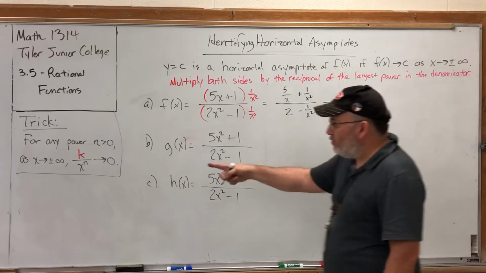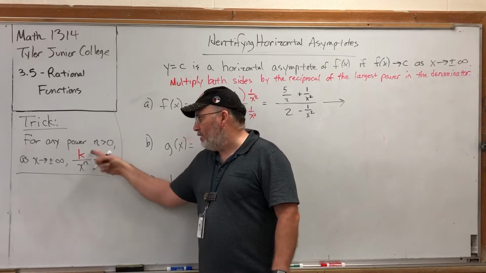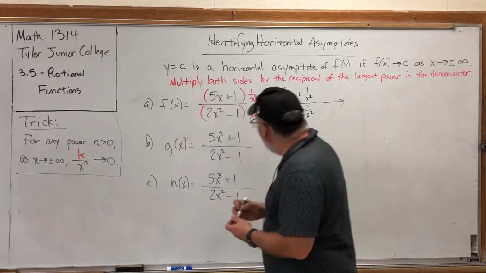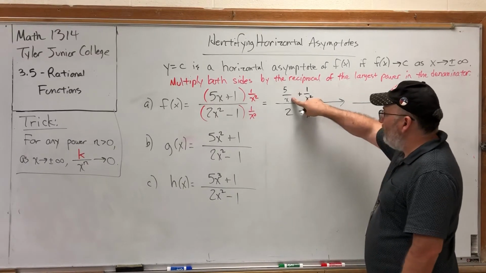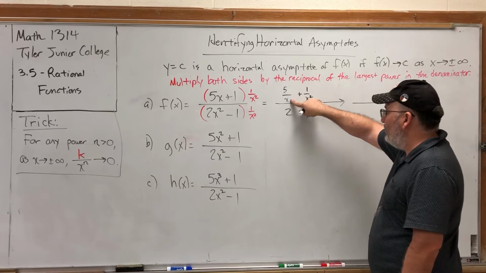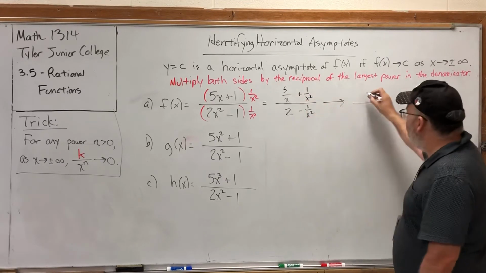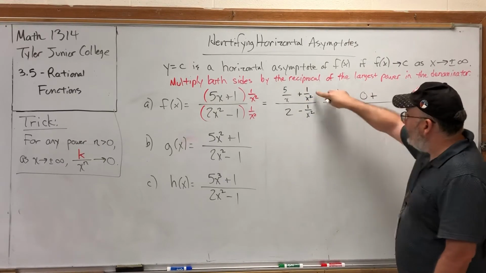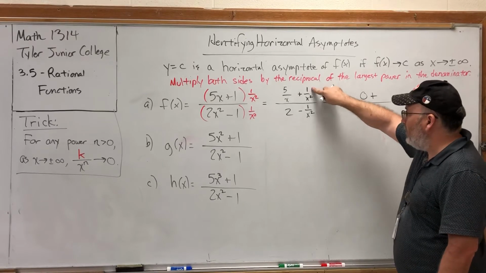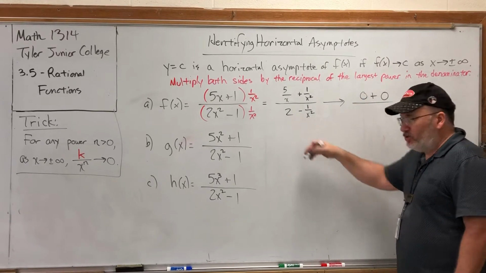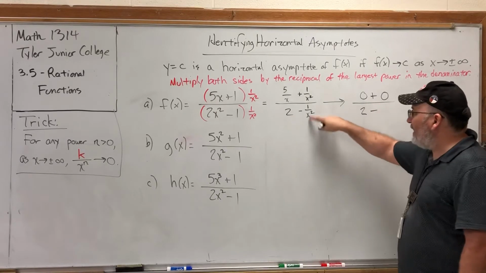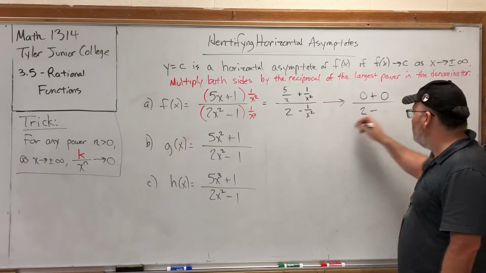Well, according to this trick, any fraction of this form, a number over a power of x, will approach 0. So this fraction is the correct form, a constant over a power of x, first power of x. It approaches 0. This fraction is of the correct form, a number over a power of x, so it approaches 0. That's just 2. And this fraction is the correct form. It approaches 0.